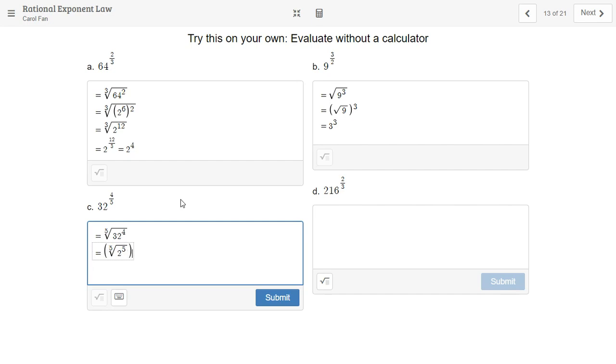So that would all be raised to the 4, but since the exponent of the radicand is the same as the index, those cancel each other out, and I'm left with 2 to the power of 4.